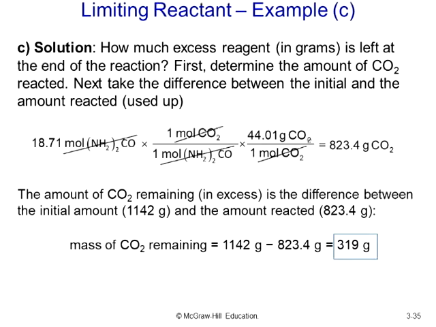Okay? So now, the amount of carbon dioxide remaining in excess is the difference between the initial amount, 1,142 grams, and the amount reacted, 823.4 grams. We take the difference between these numbers and we get 319 grams. Notice that the number of sig figs in this subtraction problem is done in this way because we align the decimals, and when we align the decimals and truncate to the nearest placeholder to the decimal, that placeholder would be 2.